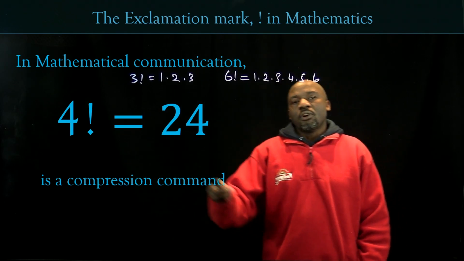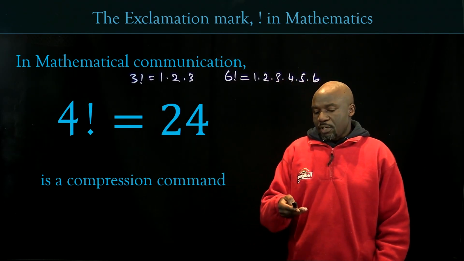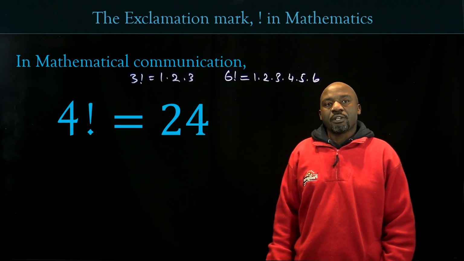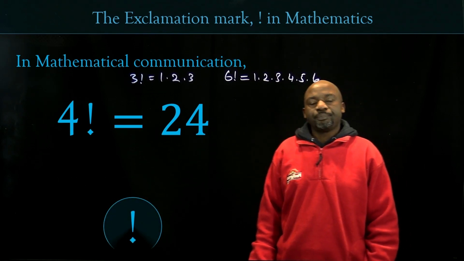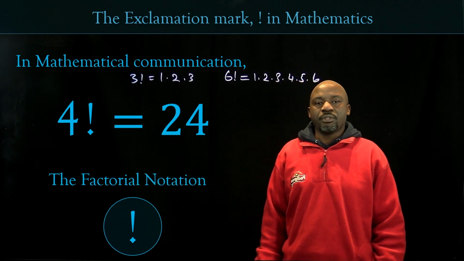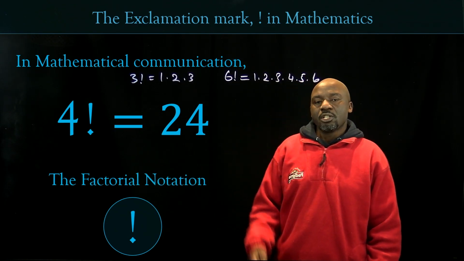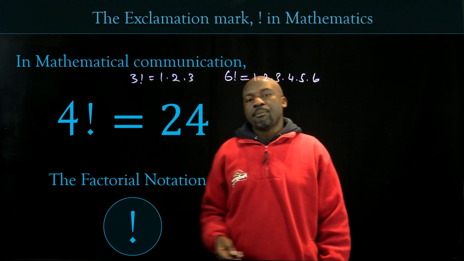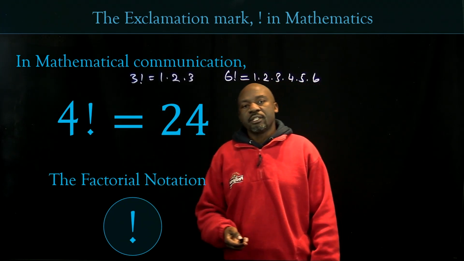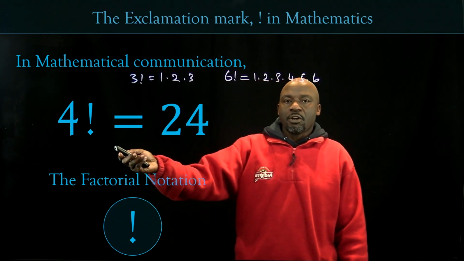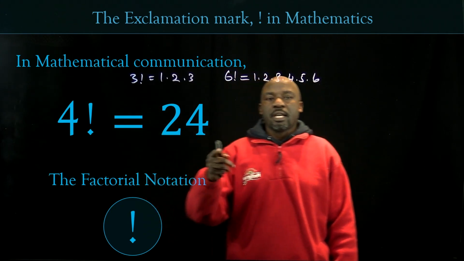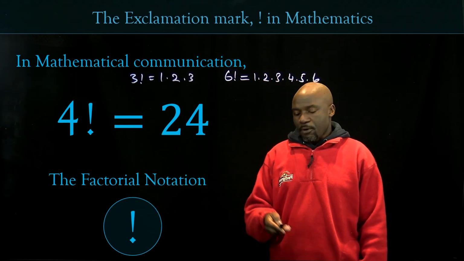All right, so the exclamation mark when used in mathematics is in fact referred to as the factorial, okay? So this is how we represent the factorial of a number. When you see a number with the exclamation mark on the side, like 4 factorial, it means 1 times 2 times 3 times 4, which would be 24, okay?